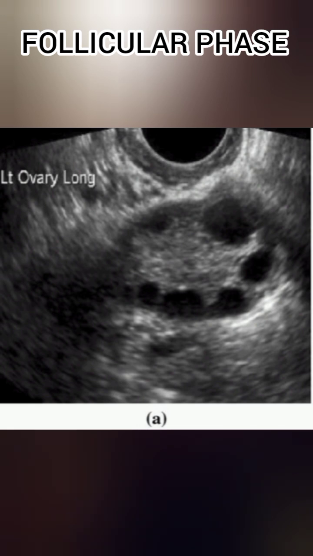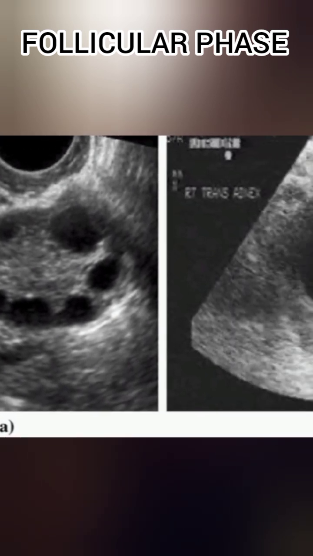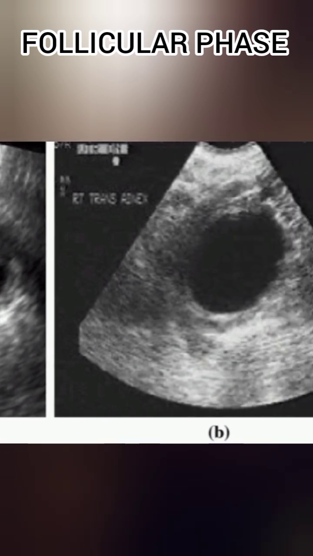Between day 5 and 7, a dominant follicle is determined. This dominant follicle grows 2 to 3 mm per day. By day 10, it reaches 10 mm, and by the day of ovulation, it reaches 2 to 2.5 centimeters.